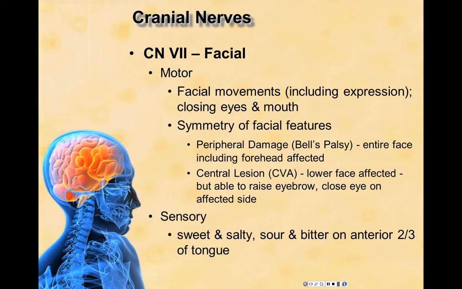So in other words, that's one of the ways that you can determine whether someone who has some facial paralysis actually has Bell's palsy or a stroke, is whether or not they can raise their eyebrows on the affected side and close their eye. And a patient with Bell's palsy is not able to do that. It's also responsible for sensory, sweet and salty, sour and bitter on the anterior 2/3 of the tongue.